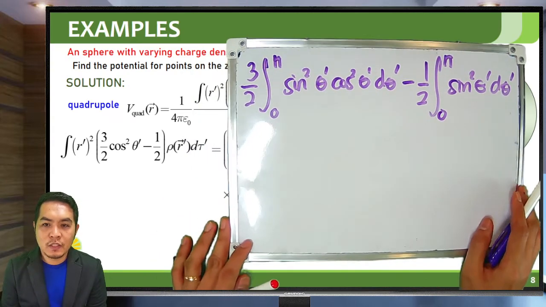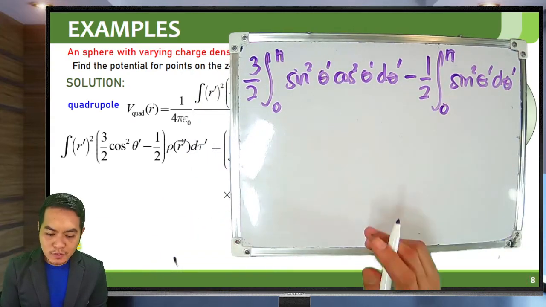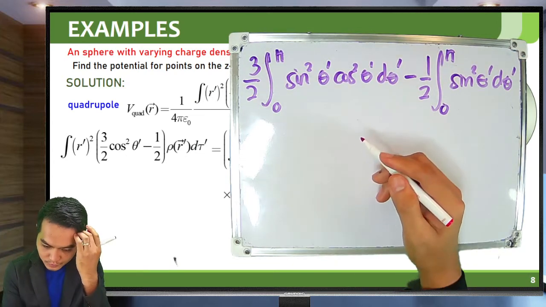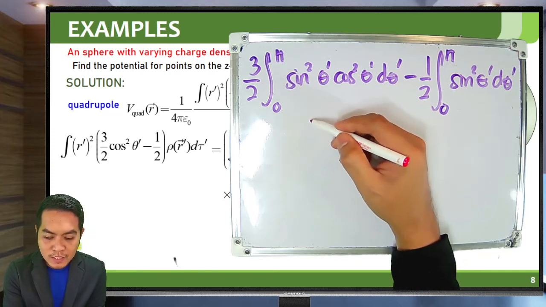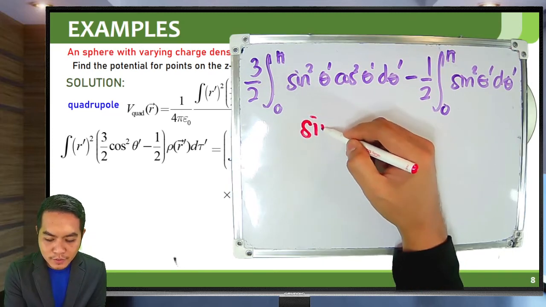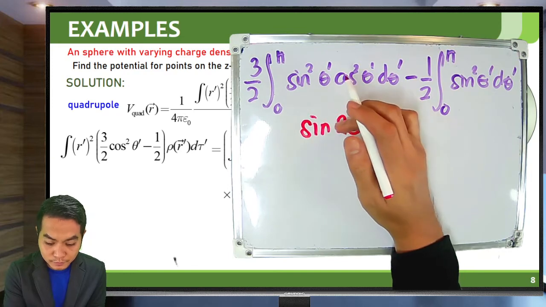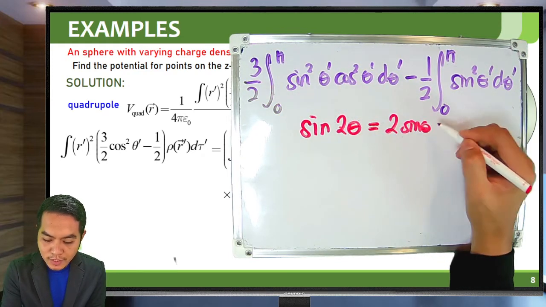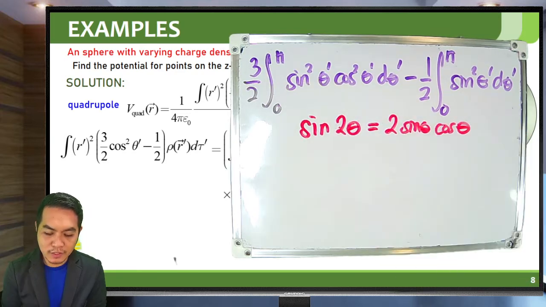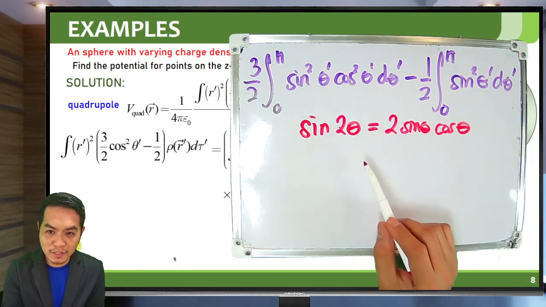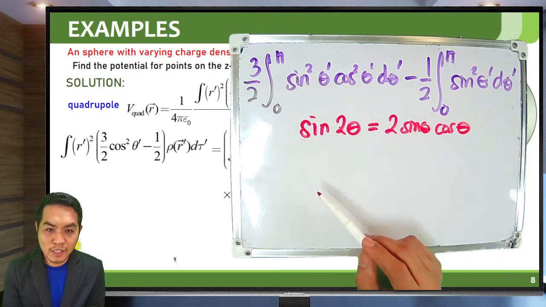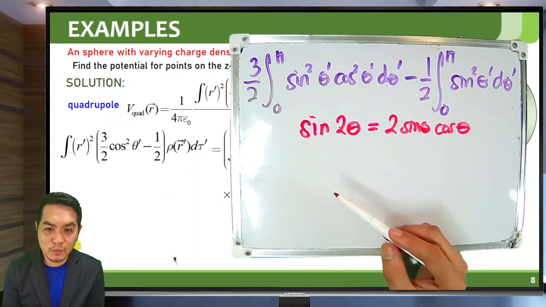Okay, how do you solve this? So we need to use some identities. First things first, the identity of sine 2 theta is actually 2 sine theta cosine theta. So you have sine theta cosine theta here, so you can convert that into sine 2 theta, and there's a square, so sine squared 2 theta.